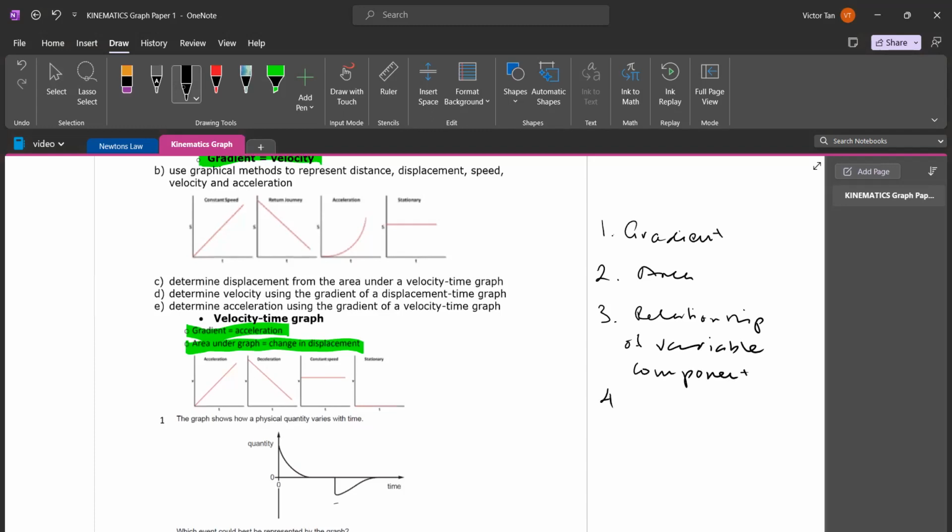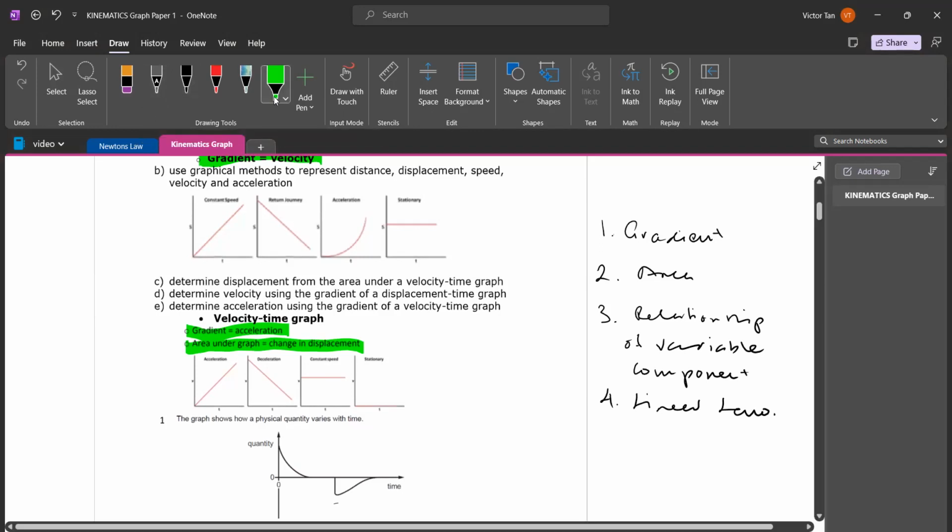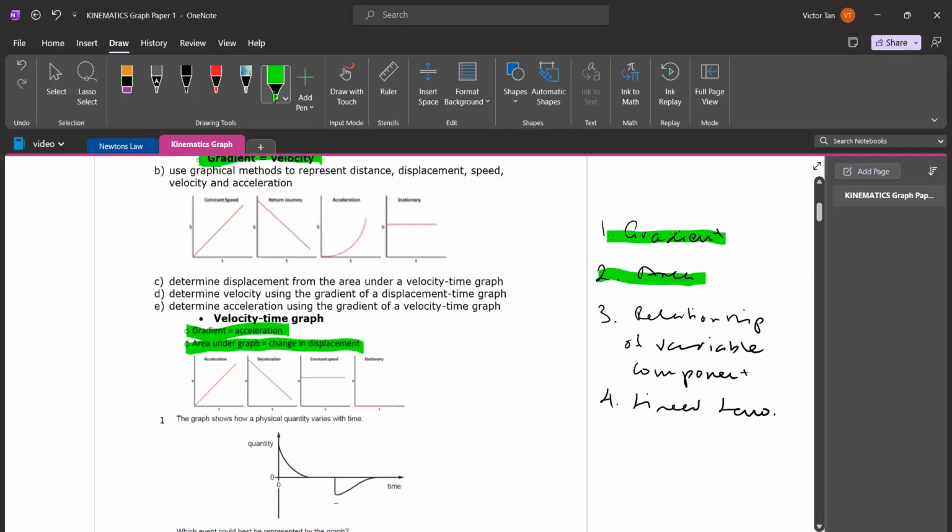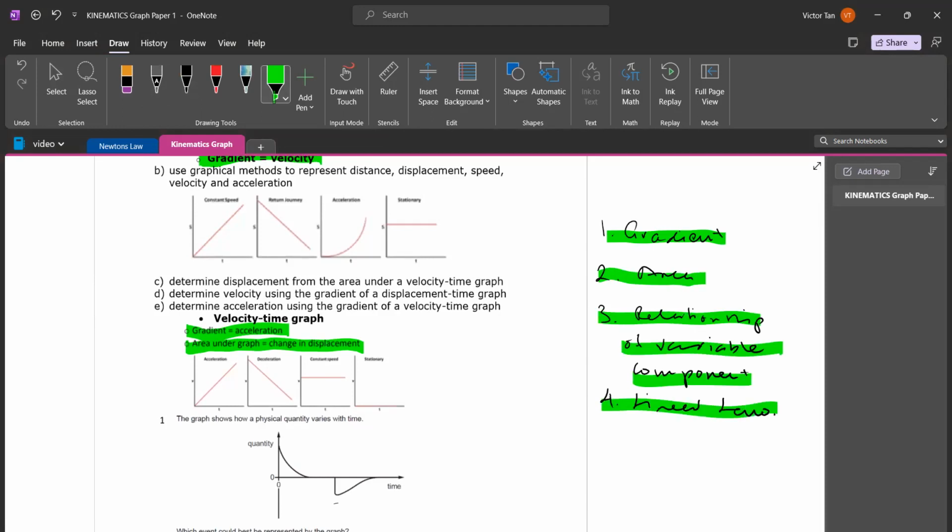And of course, number four, the linear law. All this I will go through when the time comes, when we have questions on these components. But I would like to emphasize that in graphs, these are the four components you're looking for: gradient, area, relationship of variable components, and the linear law.